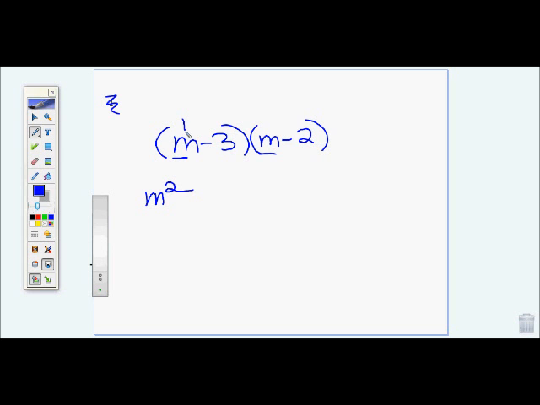Outside terms, that would be your m and the negative 2. So that's negative 2m. Inside terms, that would give you the negative 3 and the m, that would give you negative 3m. And then the last terms, that would be negative 3 in this first expression, negative 2 in the next, giving you a positive 6.